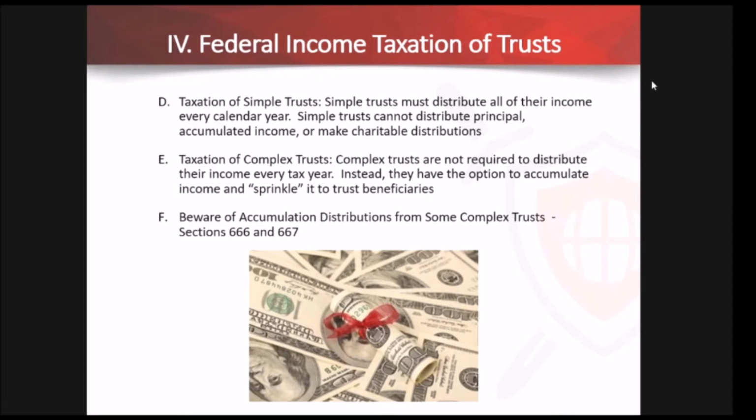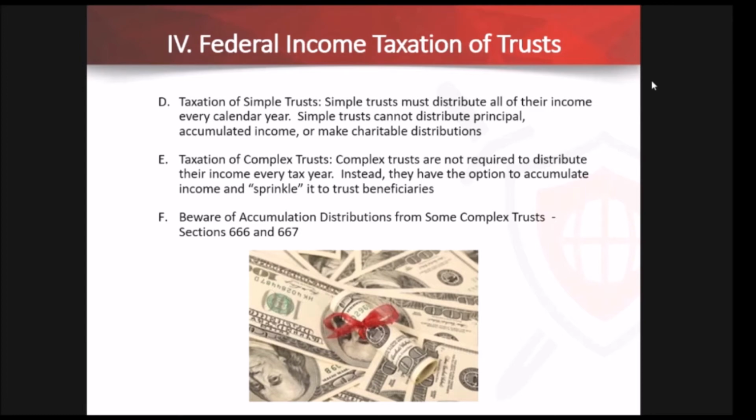So let's say in 2018 there was $1,000 of income, but the trust only distributed out $500 to the beneficiary. The following year, the trust had another $1,000 of income, but the trust distributed out $1,500 to the beneficiary.